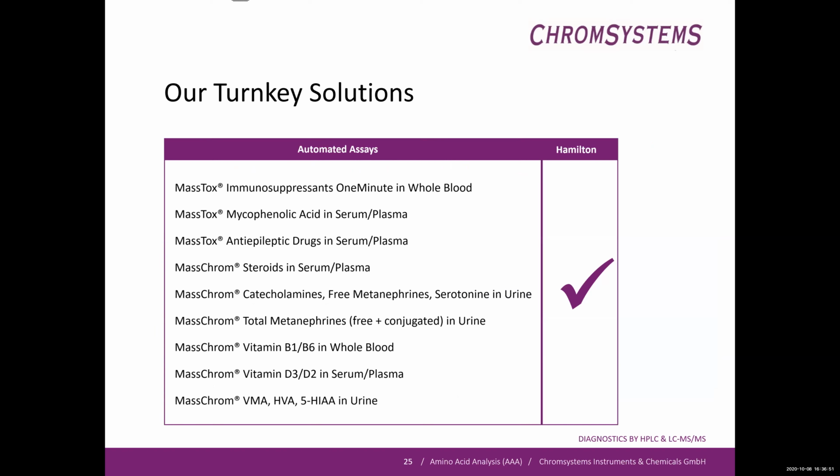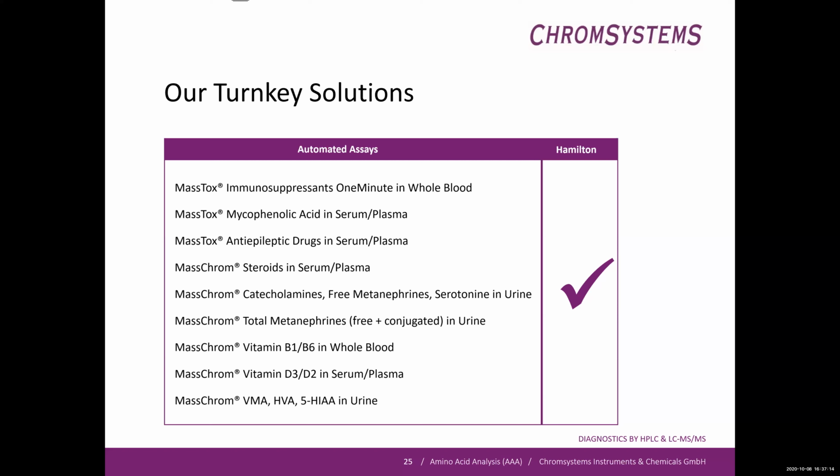In the meantime, we have 9 turnkey solutions available. And those 9 turnkey solutions for Hamilton automation are integrated in our large TDM portfolio. Immunosuppressants, we heard before, presented by Mosé.